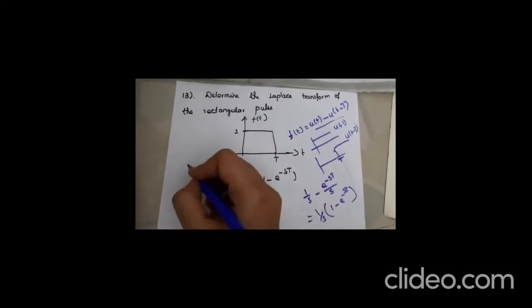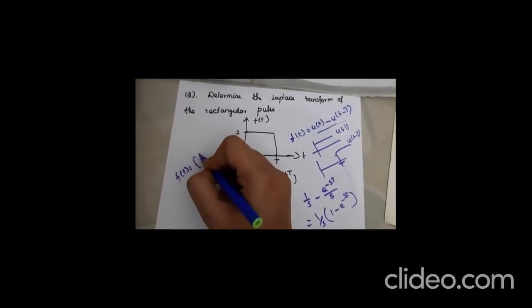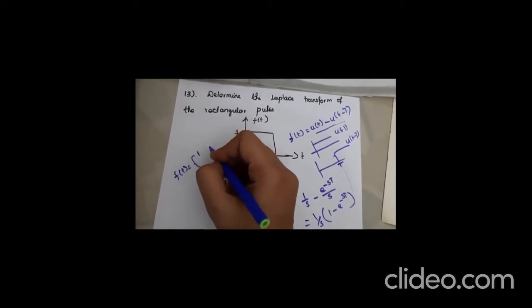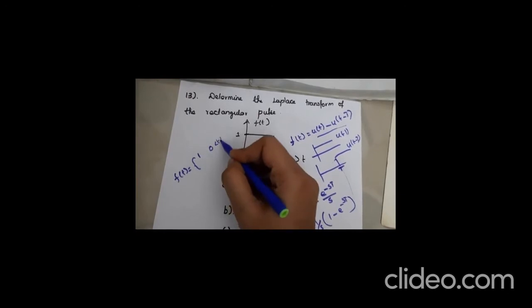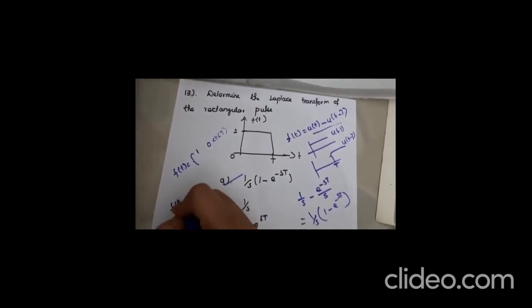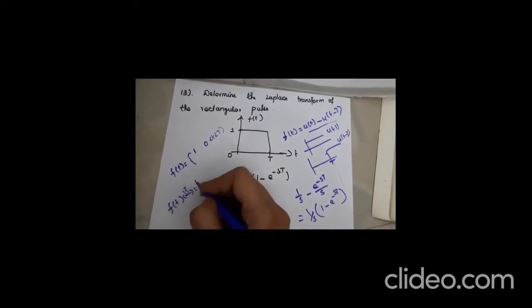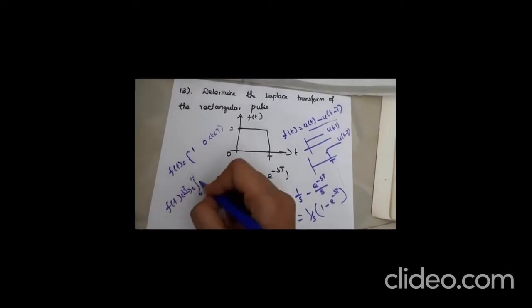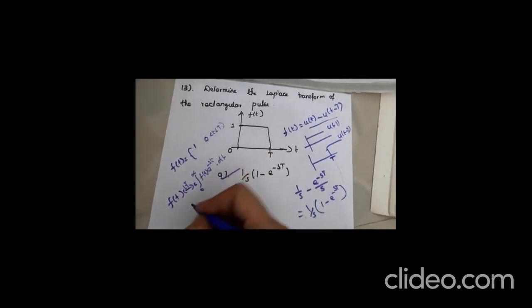Another method is using the definition. First, the expression for this f of t is 1, and the time limit is 0 to T. So we know the Laplace transform is the integral from 0 to infinity of f of t e power minus st dt.